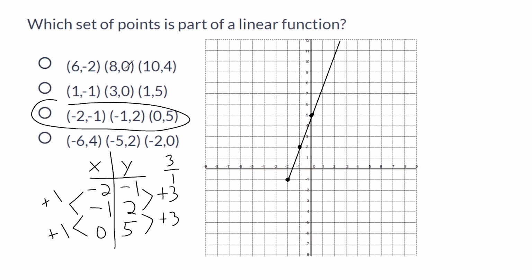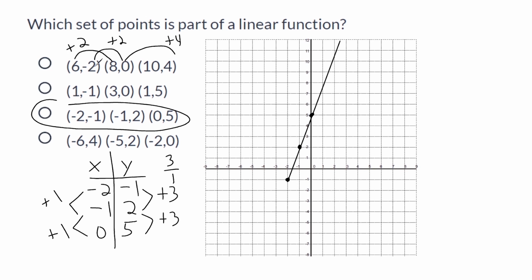Now, if you were to take a look at another choice, let's say this one right here, if we started with the change in Y, we went from negative 2 to 0, that is an increase of 2. And then from 0 to 4, that is an increase of 4. And then if we look at the corresponding change in X, we went from 6 to 8, which is an increase of 2.